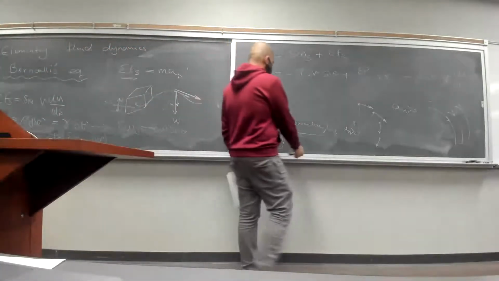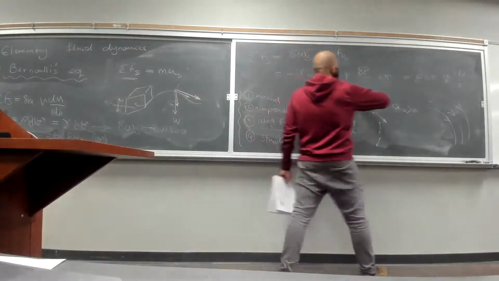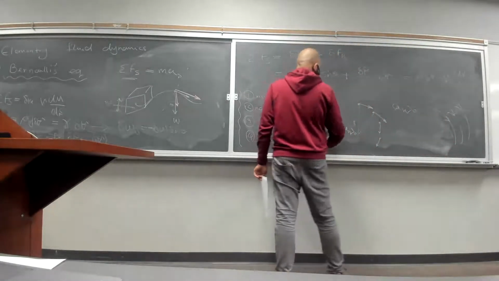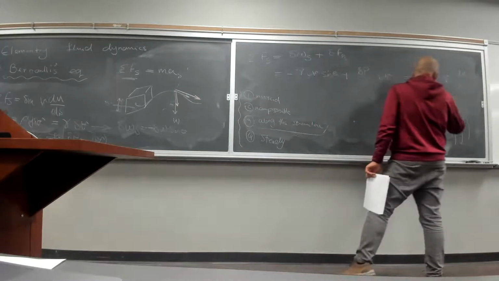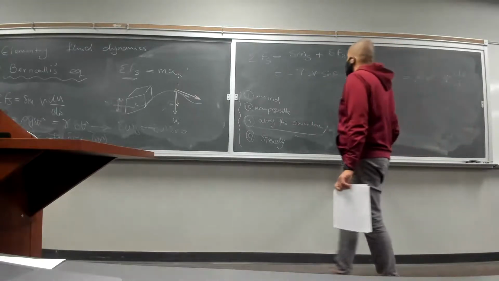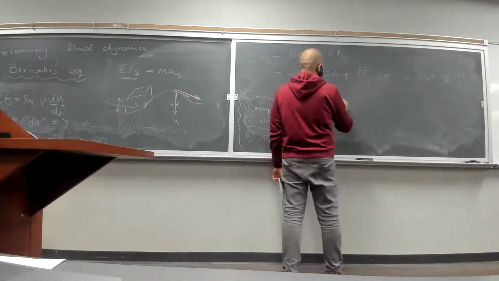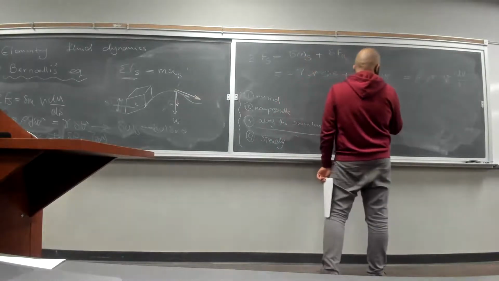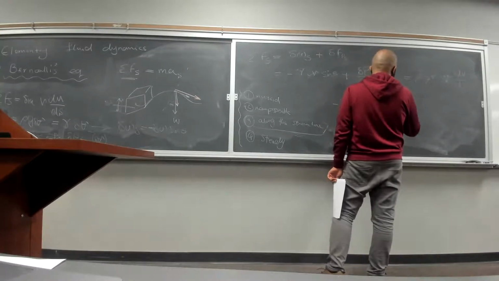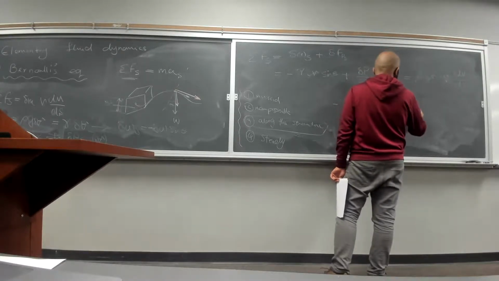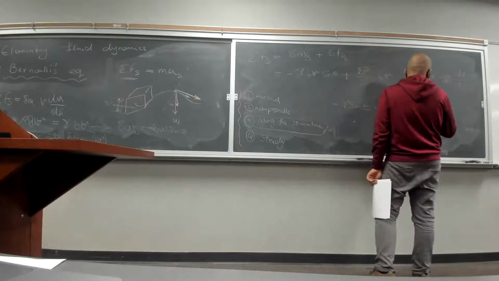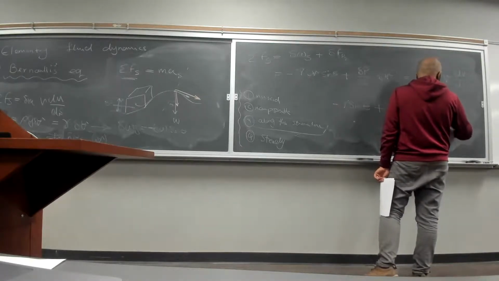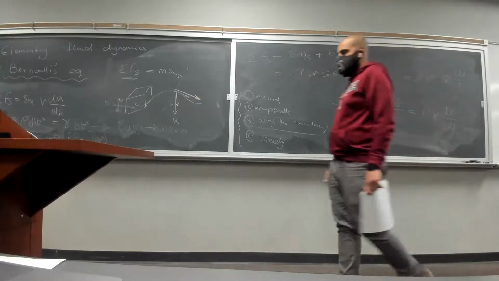These delta volumes will cancel out, and we are going to get this final equation: negative gamma sine of theta plus dP/ds equals rho multiplied by your velocity v dv/ds.